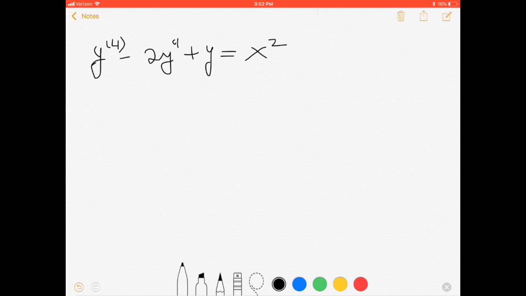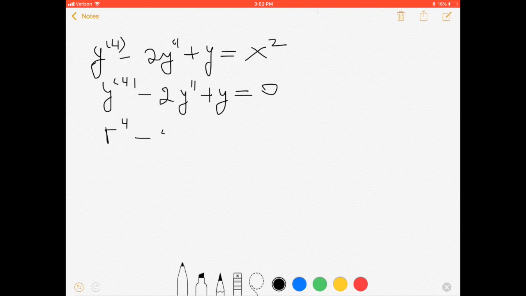First, we try to find the homogeneous equation. This means y to the fourth minus twice y to the second plus y equals 0. And write this characteristic equation: r to the fourth minus 2r squared plus 1 equals 0.